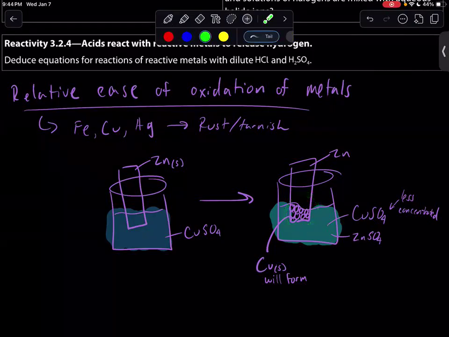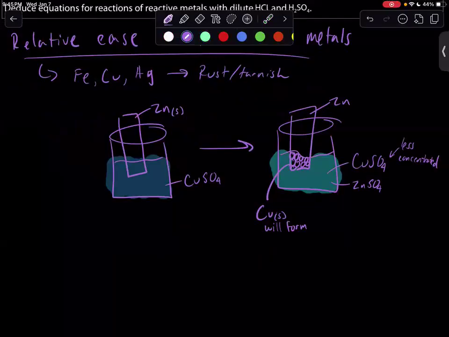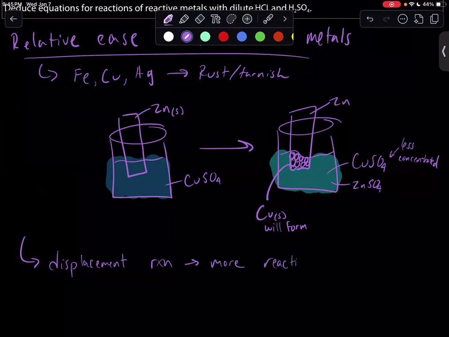This tells us a couple of things. First off, this is what we would call a displacement reaction. The displacement reaction is where the more reactive metal displaces the less reactive metal in a compound.